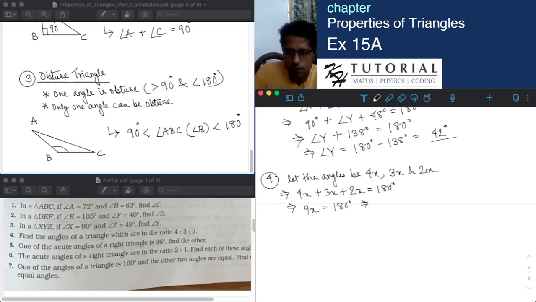This implies x is equal to 20 degrees. This implies the angles are 4x, that is 4 into 20 degrees, 3 into 20 degrees, and 2x, that is 2 into 20 degrees. This is equal to 80 degrees, 60 degrees and 40 degrees. These are the angles of the triangle.